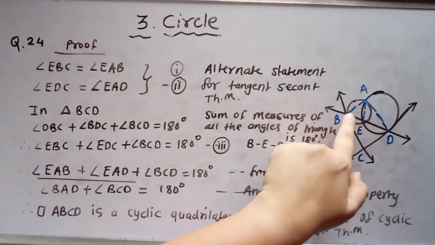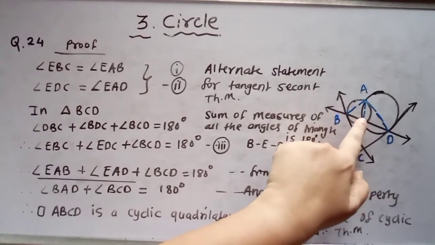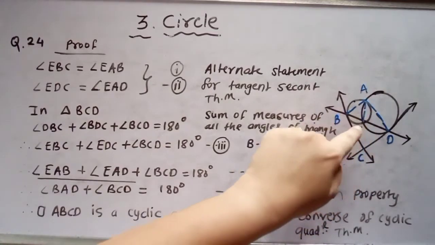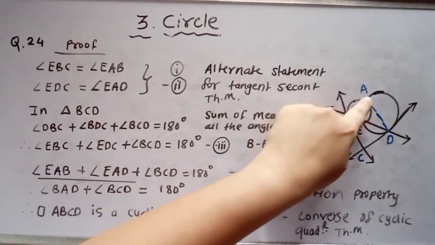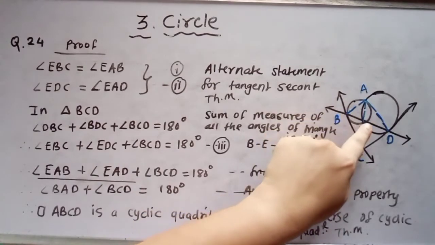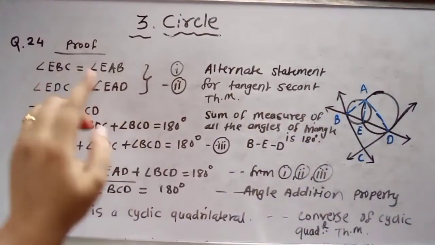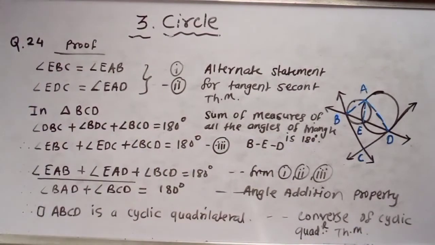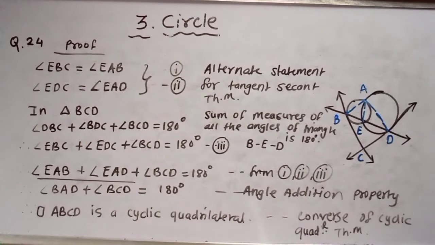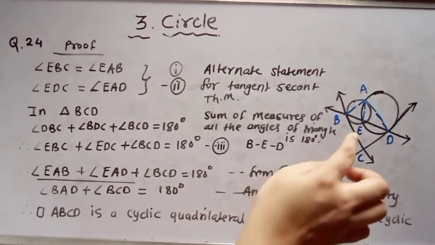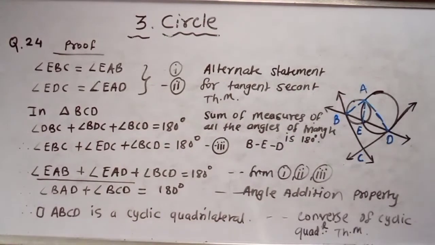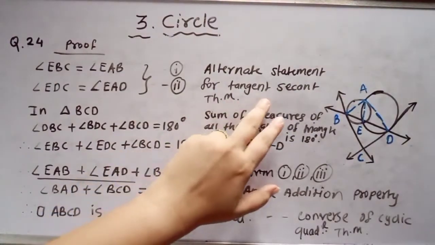This angle is formed by a tangent and a secant, and angle EAB intercepts the same arc as angle EBC. So these two angles are congruent. Where have we studied this? In the alternate statement for the tangent secant theorem.